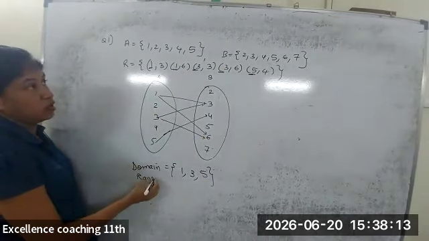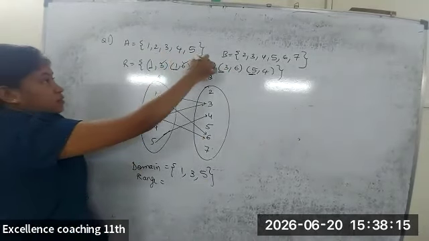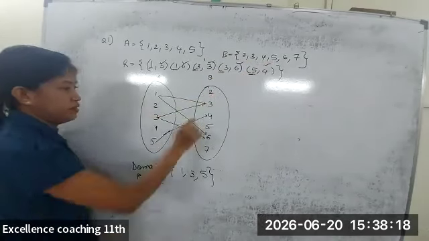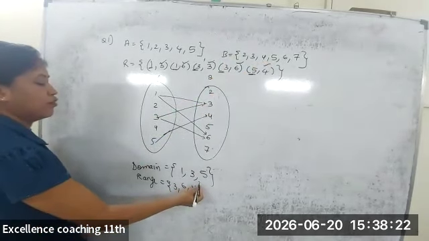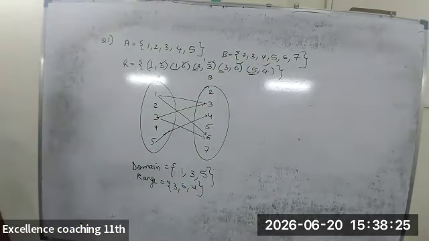Range is all the second elements. 3, 4, and 6. Or 3, 6, and 4, whichever. Order does not matter.